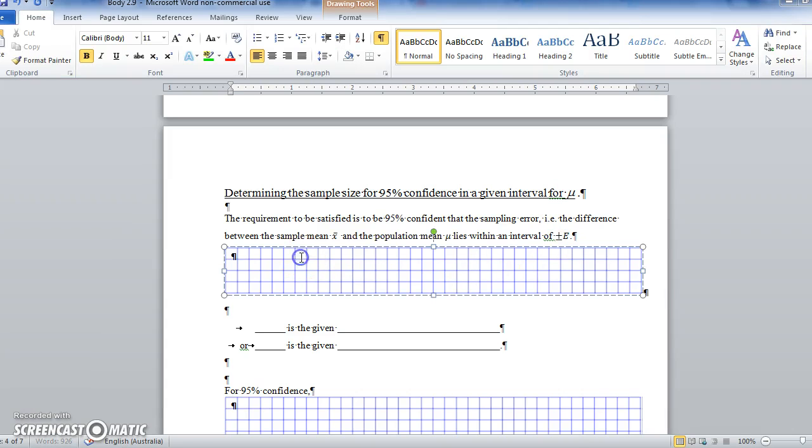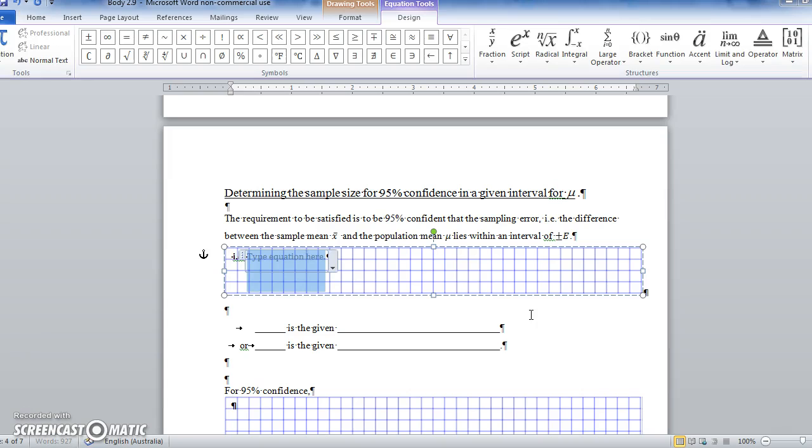Okay, so what that means is that we want the difference between our sample mean and our population mean, which is simply x bar minus mu, to be between e and negative e, and e is what we call the sampling error.